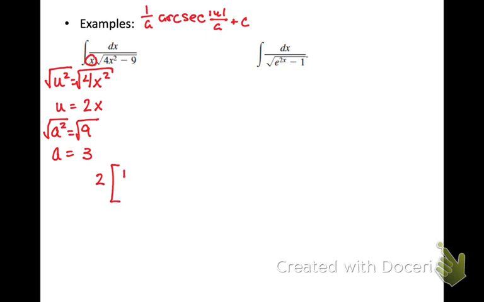And 1 over a, what's a? 3. Arc secant of the absolute value of u, which is just 2x, over a, which is 3, plus c.